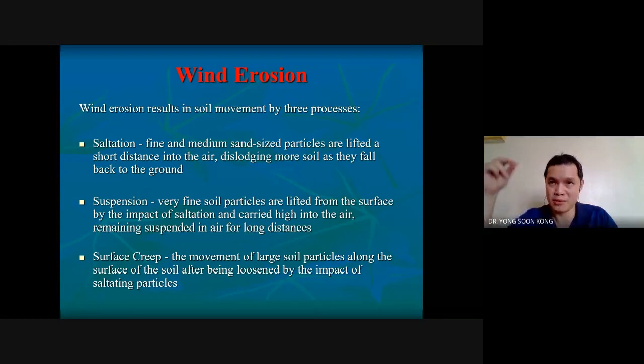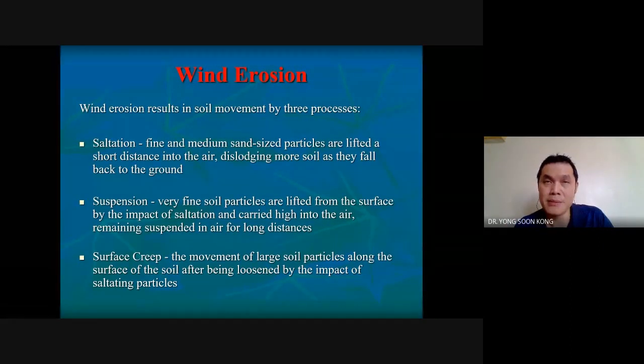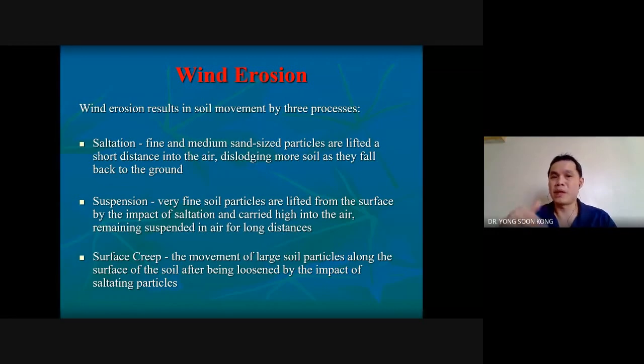Remember just now water dislodgement, where some water drops fall from the sky, hit with high velocity, and then boom, it comes up. This is exactly what happens. Only difference is it does not start with water, but with some soil particles that are already airborne. Because when strong wind happens, guys, it blows up some lighter soil particles, maybe sand, maybe clay particles. I don't think we're going to call clay saltation.